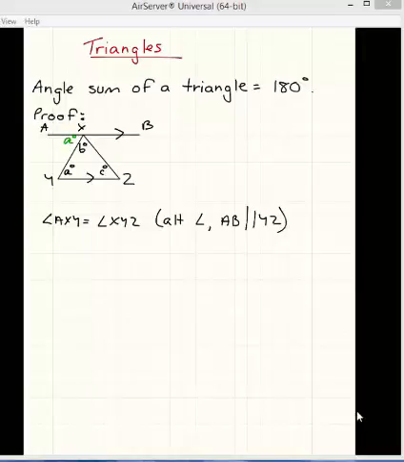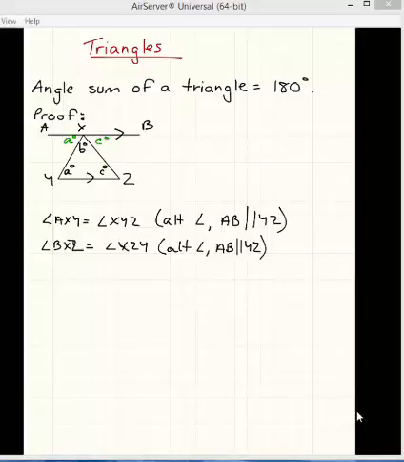Now similarly, we can prove that angle BXZ is equal to angle XZY. And again, it's because they are alternate angles and AB is parallel to YZ. So that means that we can fill in our little C here.